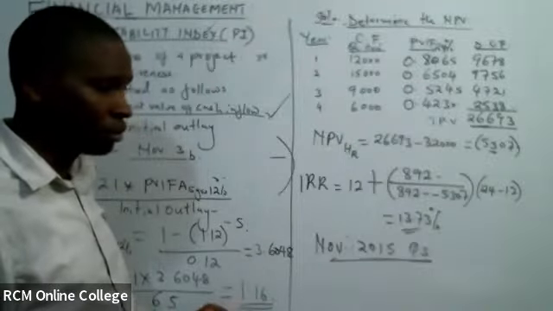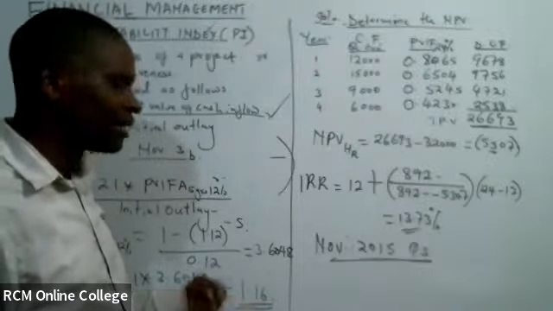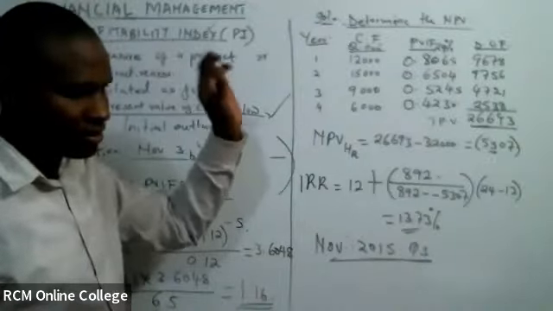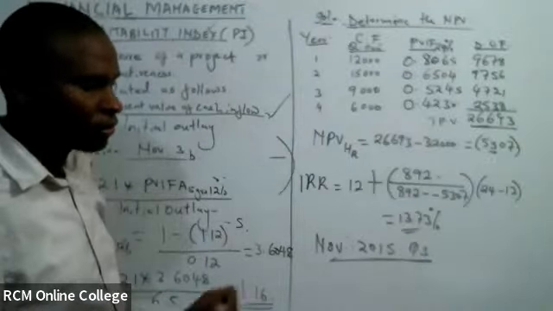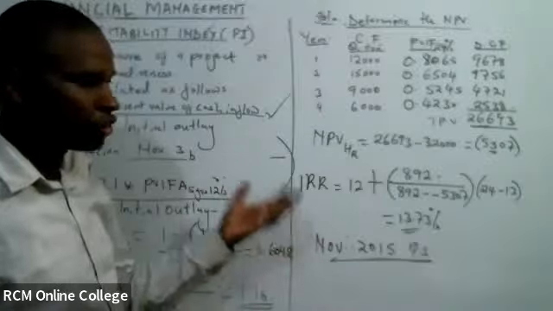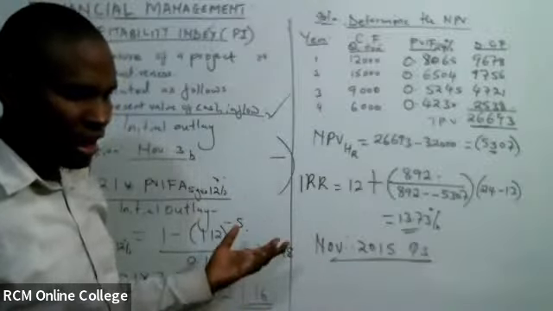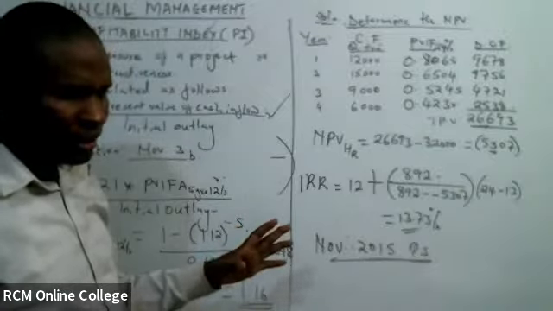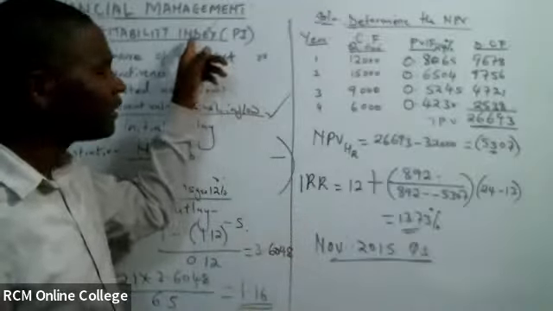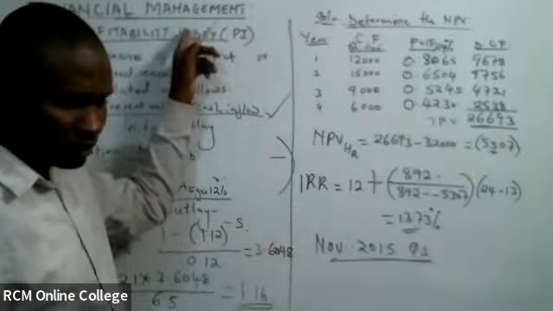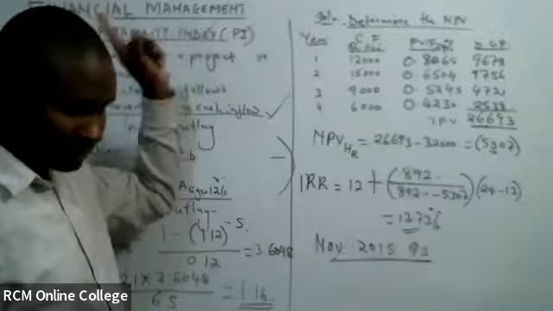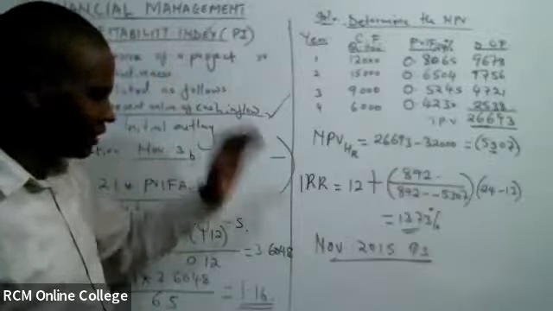Now the interpretation or decision rule for this. If the PI, no, don't bring in the sharing index. This is an index.